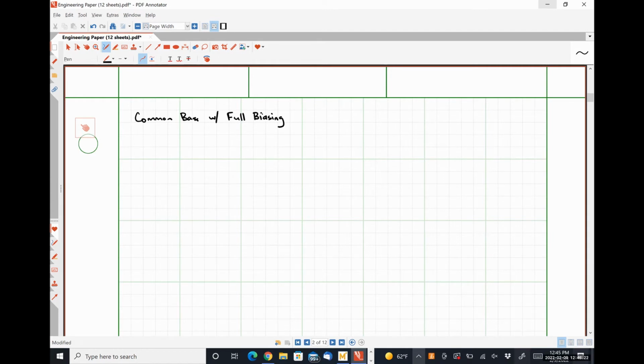So that's going to look something like this. Here's our resistor RC. We're going to take our output voltage here.